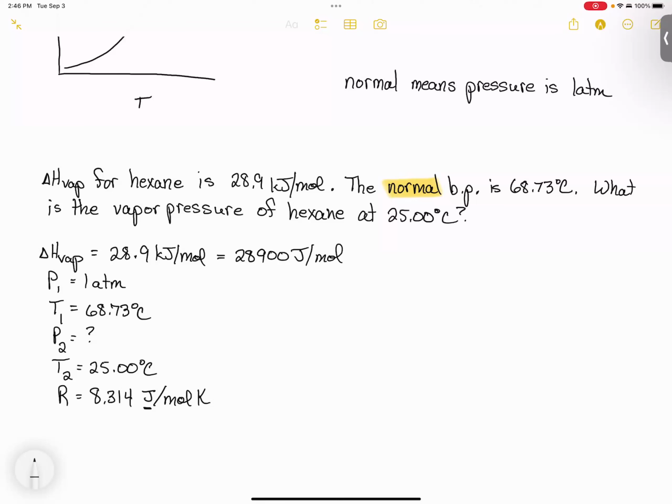The second thing is that the temperature needs to be in Kelvin, so we need to convert both of these temperatures into Kelvin. Temperature 1 is actually 341.88 Kelvin, and temperature 2 is 298.15 Kelvin.